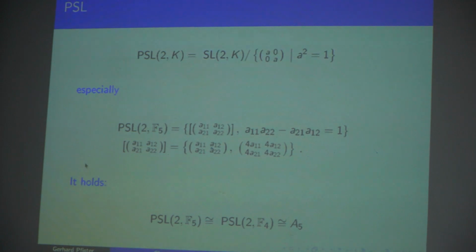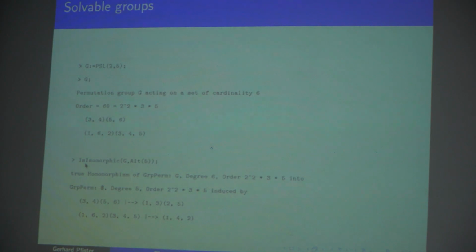So let us see this. Again, we define the group G as PSL of 2, 5, and then we obtain a group of order 60, and then we ask whether this is isomorphic to the alternating group, and the answer is true, and even the homomorphism is given, which gives us an isomorphism.